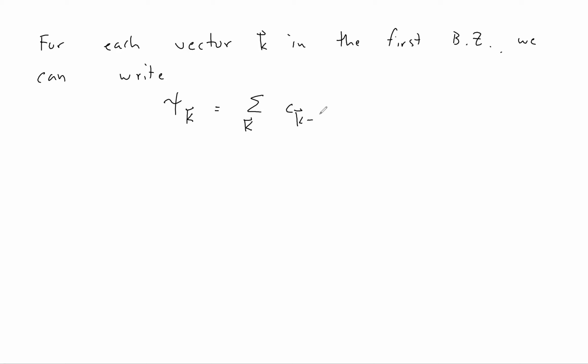So what we can say then, for each vector little k in the first Brillouin zone, we can write psi of little k as a Fourier expansion over plane waves that differ in their wave vector from little k, this quantum number, by a reciprocal lattice vector big K. And again, we can write down this simplification because it was only these coefficients that were coupled together by the Schrodinger equation.